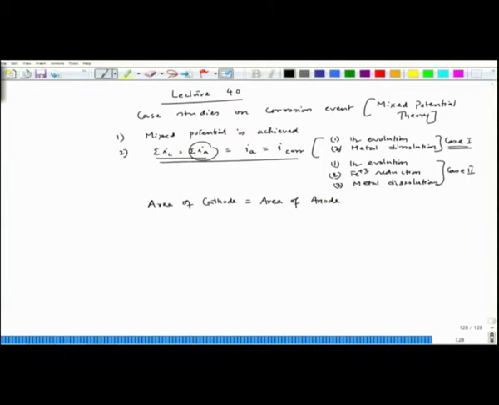Now, we had already explained the situation when we have, let us say, copper, and in between you have an iron rivet.